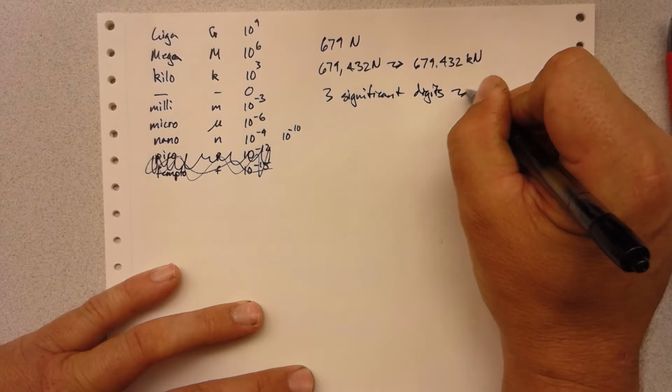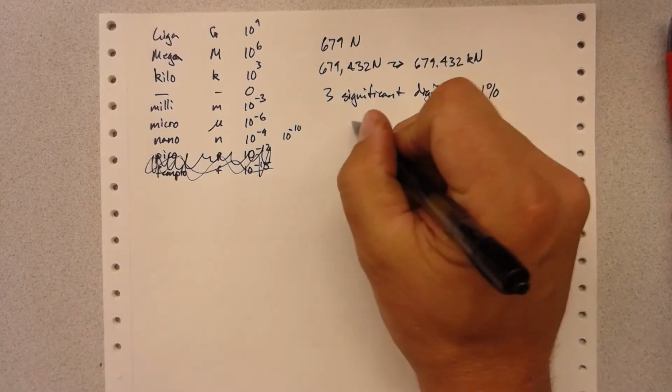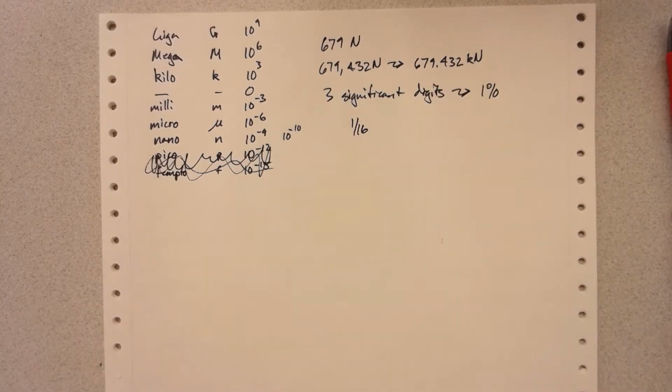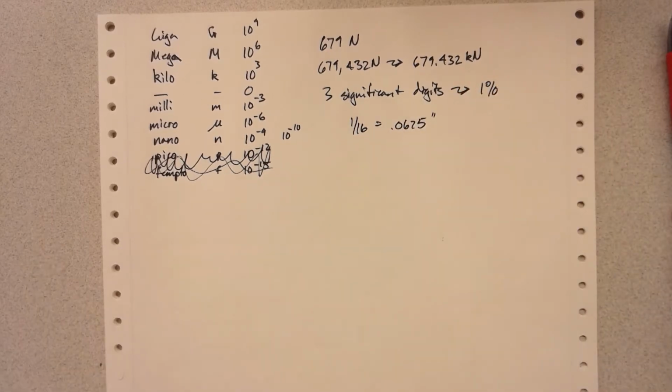And that's because it gives us 1% accuracy, which we assume that whatever measuring device you're using, you can get 1% accuracy with. Okay? This is a pretty good assumption because if you're using a tape measure, what's the smallest measurement on a tape measure? 1/16 of an inch, which is equal to 0.0625 inches.